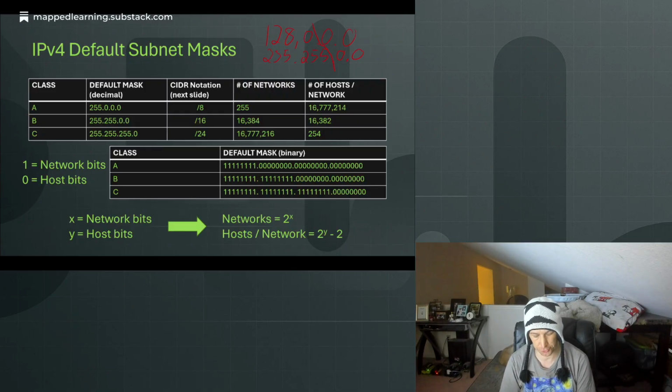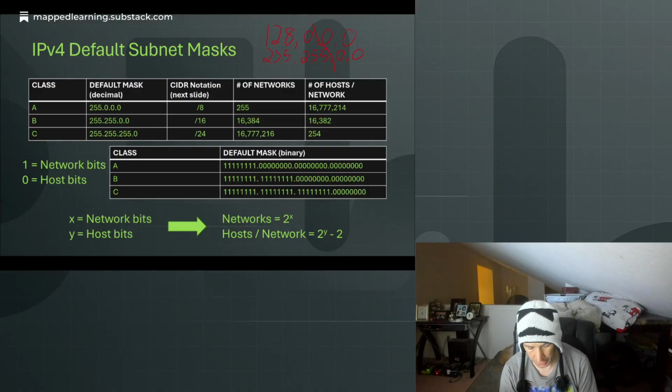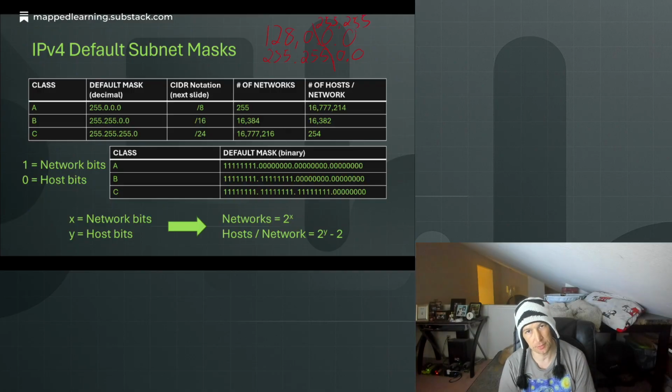That means all bits are turned on. So everything above those are locked in place. So every address from 128.0.0.0 all the way up through 128.0.255.255 as an address are on the same network.